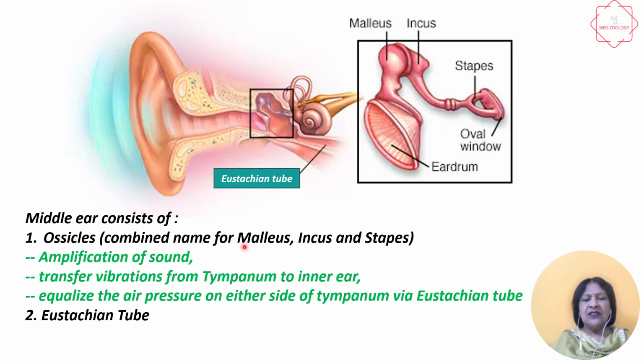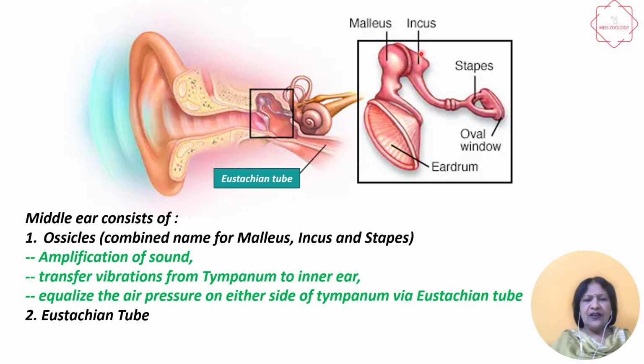An acronym which will make it easier to learn is MIS, M-I-S. M for malleus, I for incus, and S for stapes. These three bones altogether have a name called ossicles or ear ossicles.